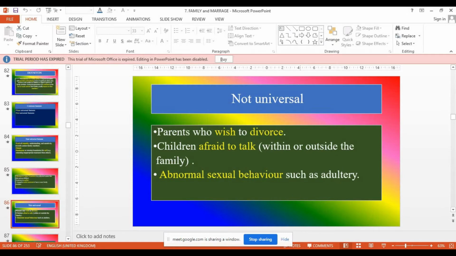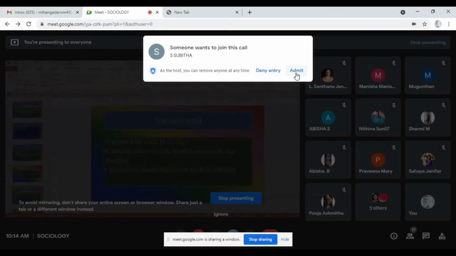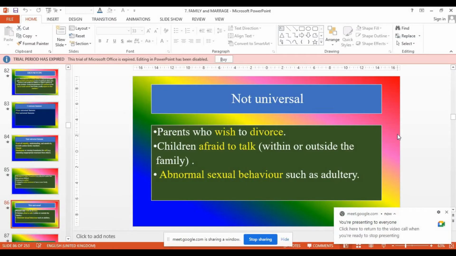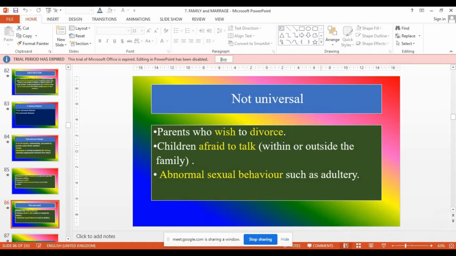Next, not universal features. Parents who wish to divorce: husband and wife would like to live together, but parents force them to divorce. Next, children afraid to talk within or outside the family.